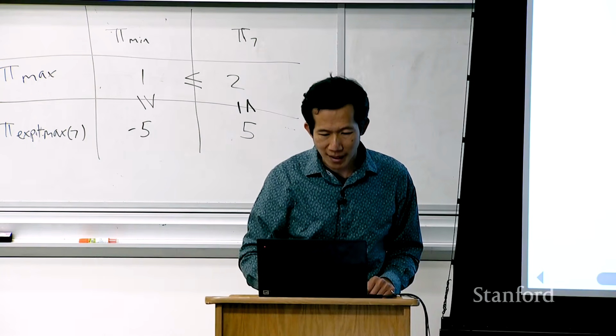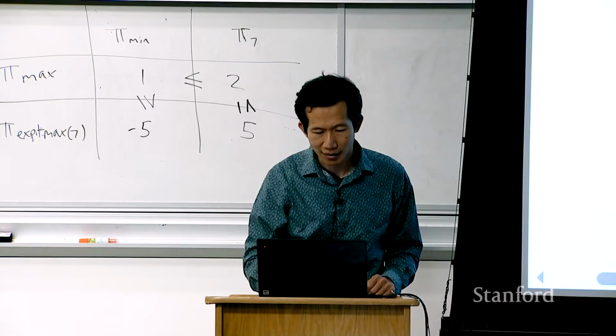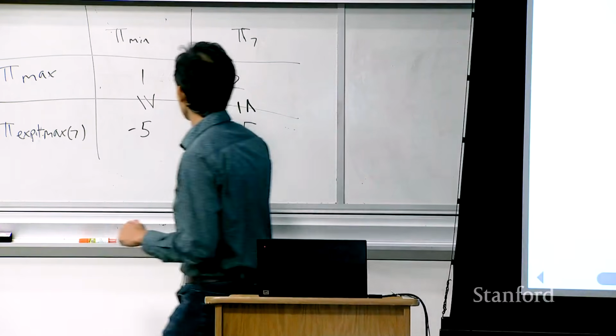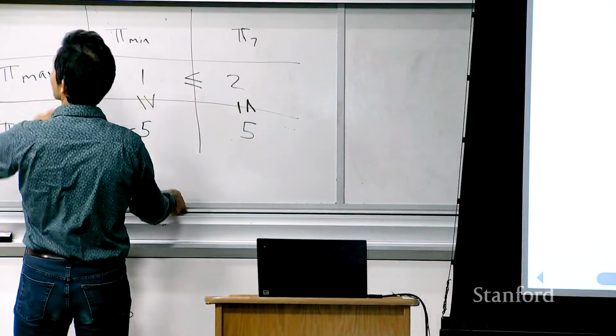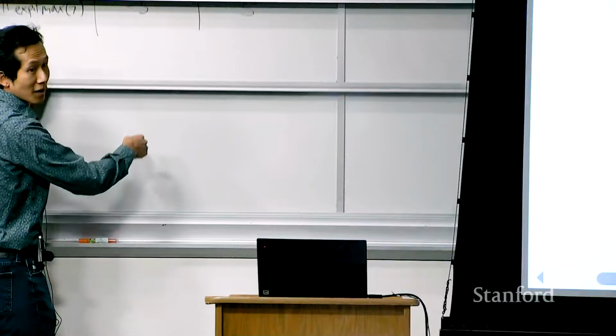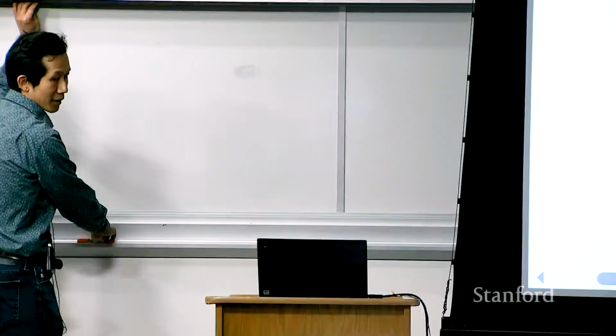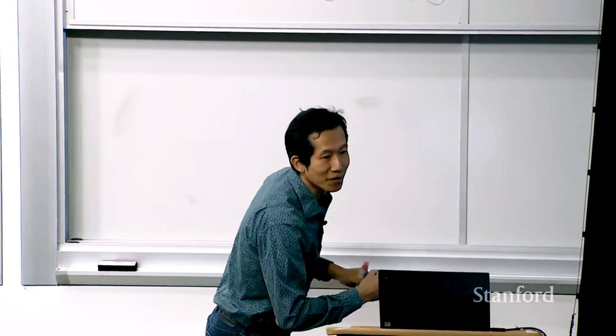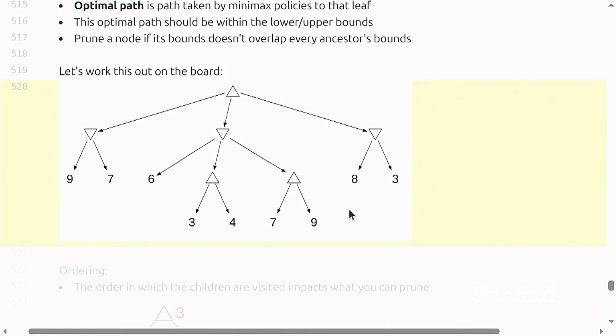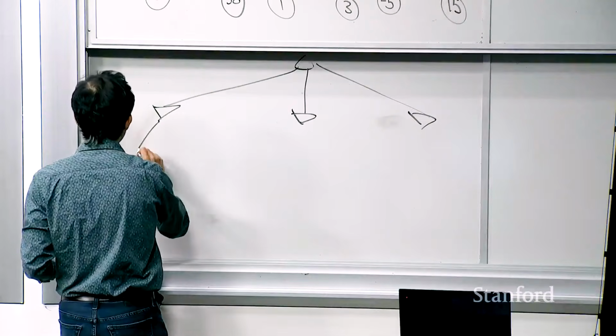Okay, so let's do an example on the board here. I have 3 nodes, 9, 7.